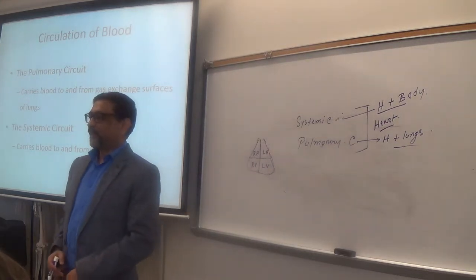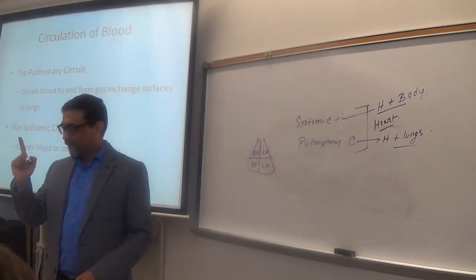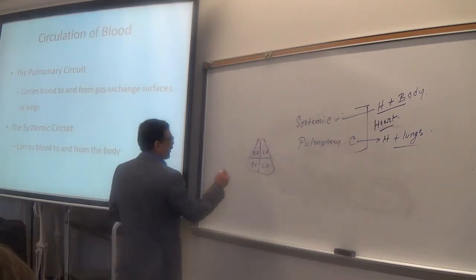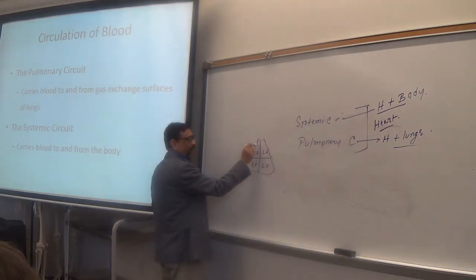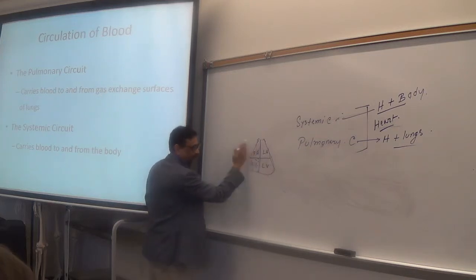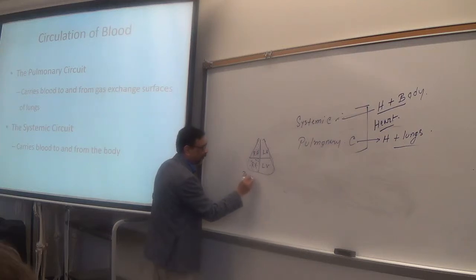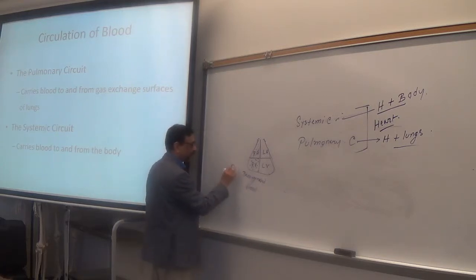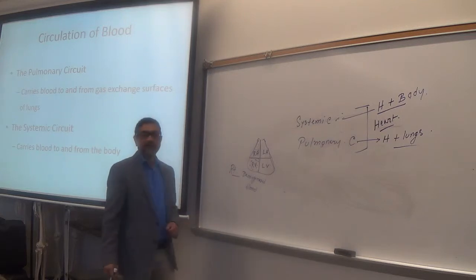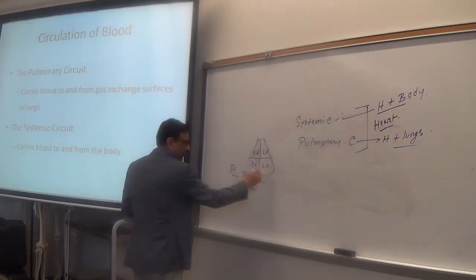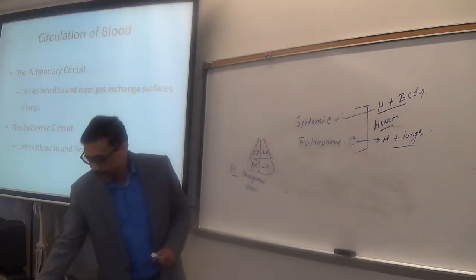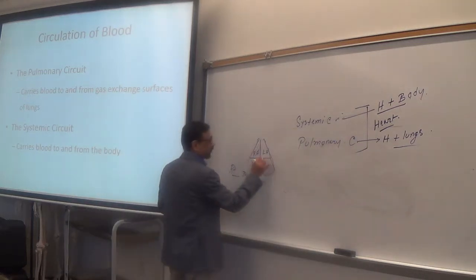Rule number 1: the right side of the heart deals with deoxygenated blood. The left side of your heart is for oxygenated blood.